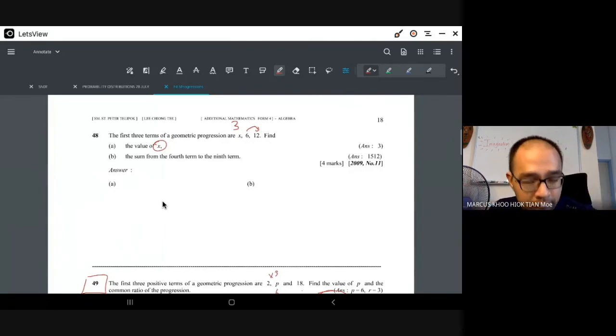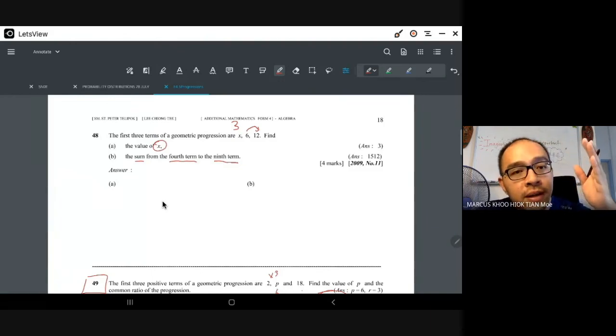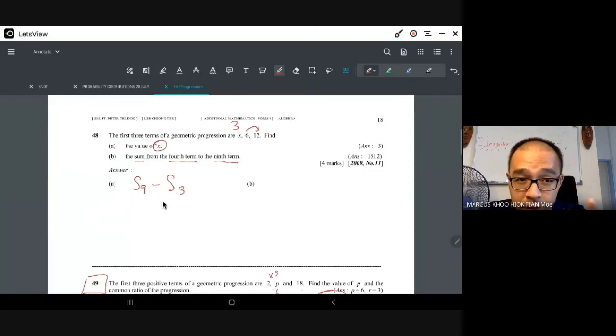Okay, this is where it gets tough. The sum from the 4th term to the 9th term. Now I have mentioned this before. If we want to find the sum of the 4th term to the 9th term, means we want S9 minus S3. Very careful with this.